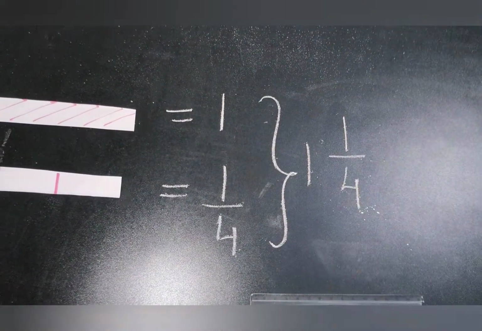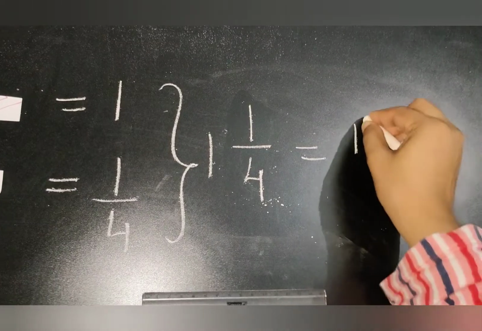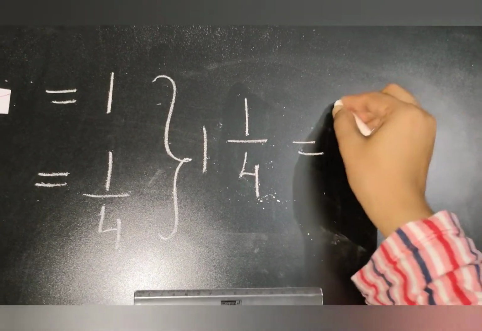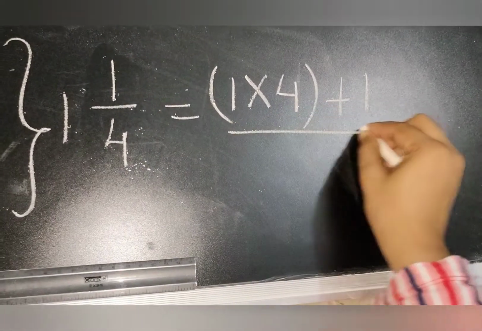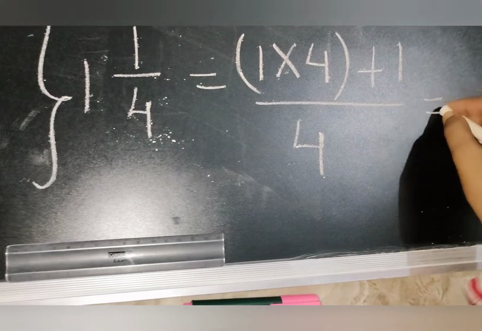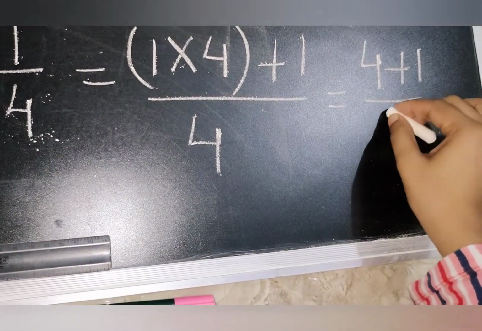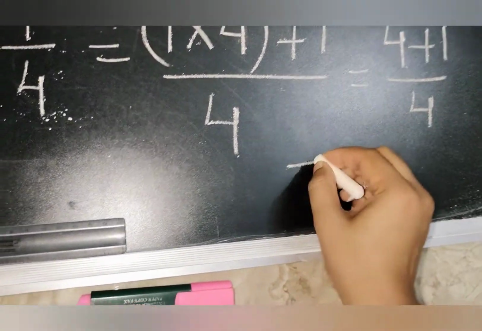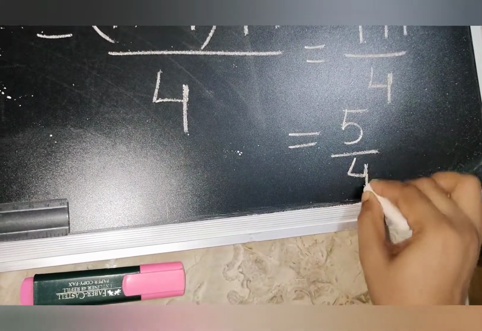Now we are going to convert it. See how? 1 multiplied by 4 plus 1 upon 4. So 1 multiplied by 4 will give you 4, plus 1. You may also call it 5 by 4, isn't it?